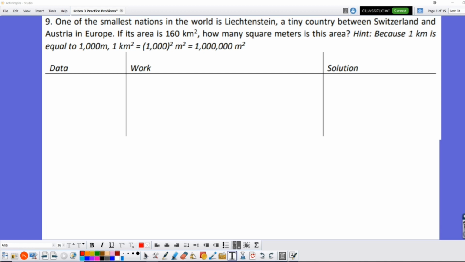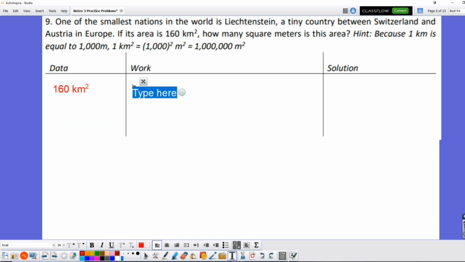Because 1 kilometer is equal to 1,000 meters, 1 square kilometer, not cubic, but square, is equal to 1,000 meters squared. So 1 million meters squared. So effectively, what they've done here is they've given us this conversion factor. So we've got this piece of data. We have 160 kilometers squared, and we want to know how many meters squared that is.